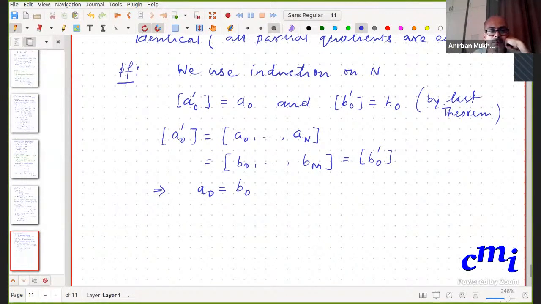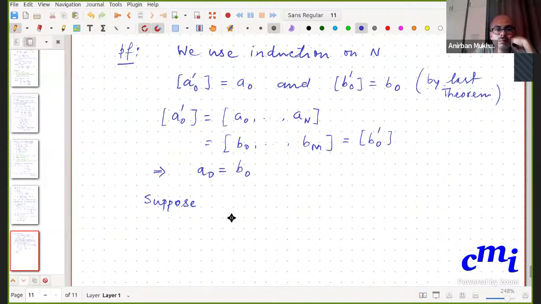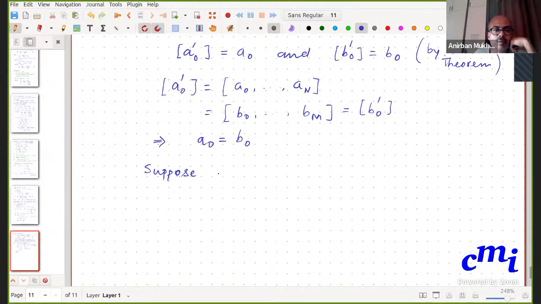So therefore A naught has to be equal to B naught. And suppose we have shown that A naught is equal to B naught, and so this is our induction hypothesis.